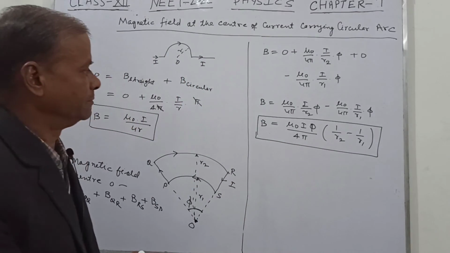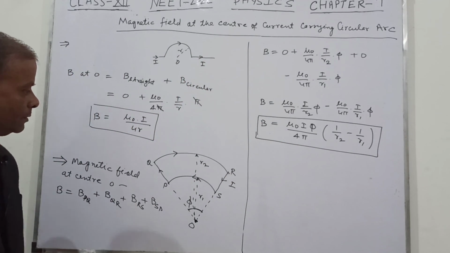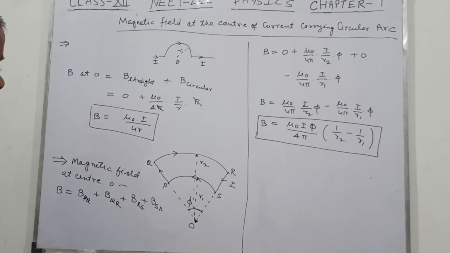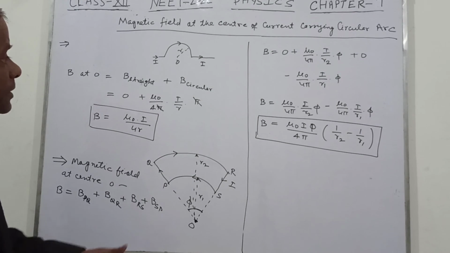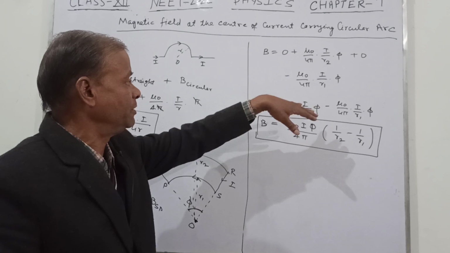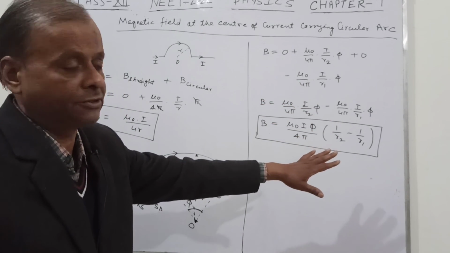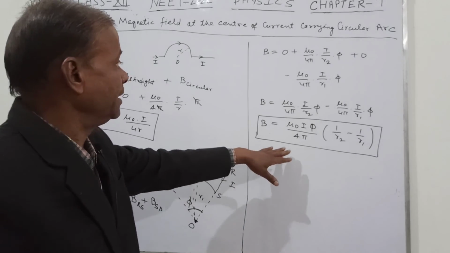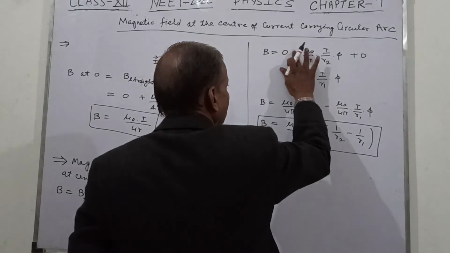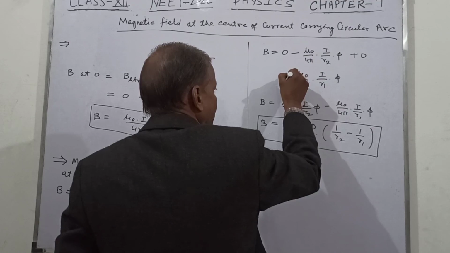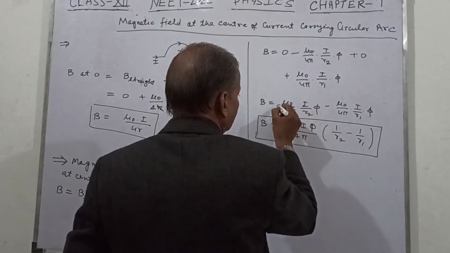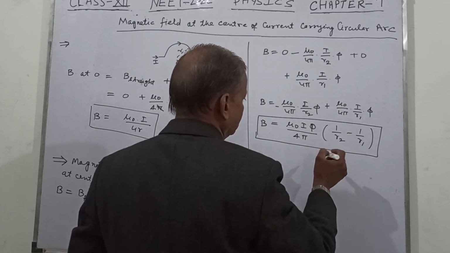This is now the magnetic field. Or you take this to be positive and this to be negative, then whichever is more, that we have to subtract. So definitely you take this to be negative and this is positive.